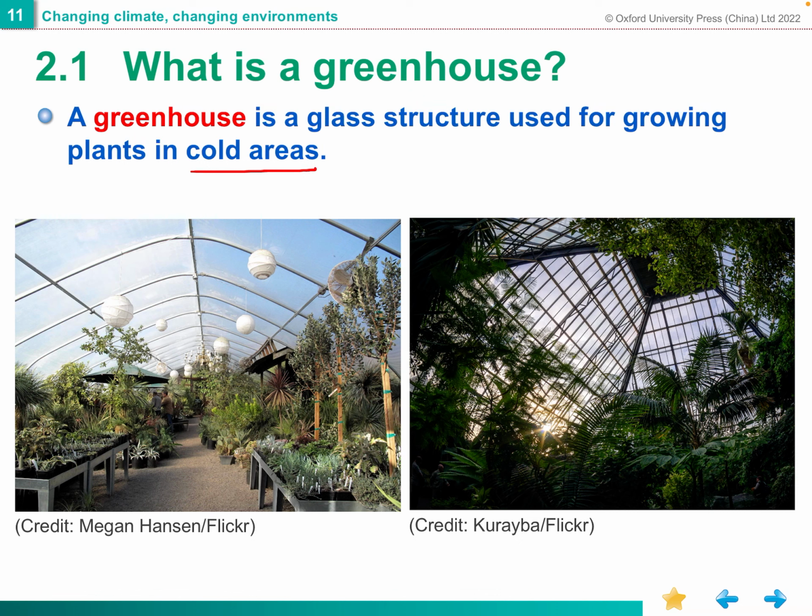Let's have a look at how a greenhouse functions and why it can explain the greenhouse effect to the world. Here are two pictures of a typical greenhouse. Usually this part is glass, or sometimes plastic, depending.